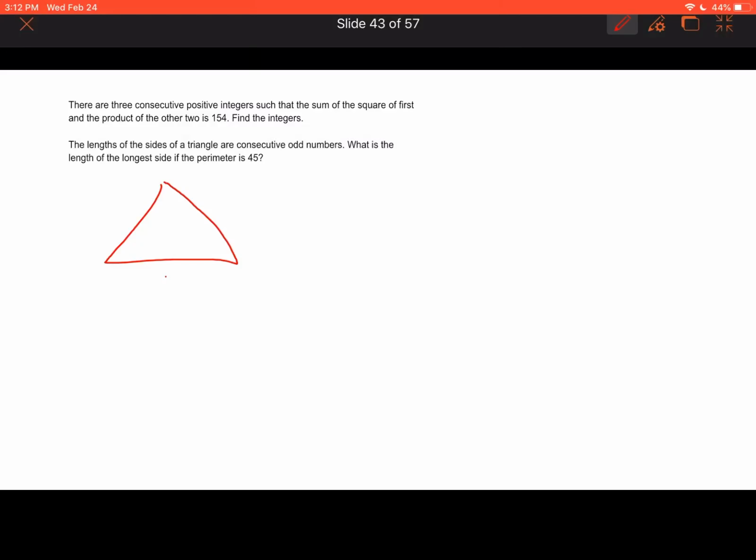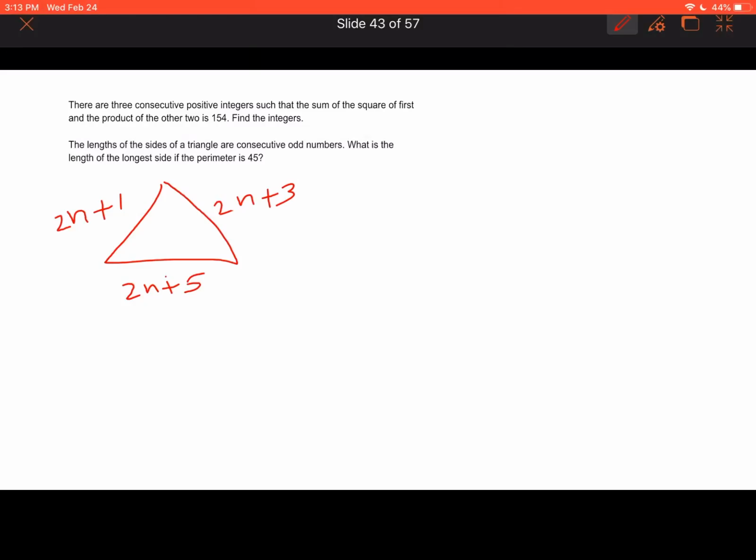So odd numbers we will represent as 2n plus 1, 2n plus 3, 2n plus 5. We're just taking it as random. And what is the length of the longest side if the perimeter is 45?